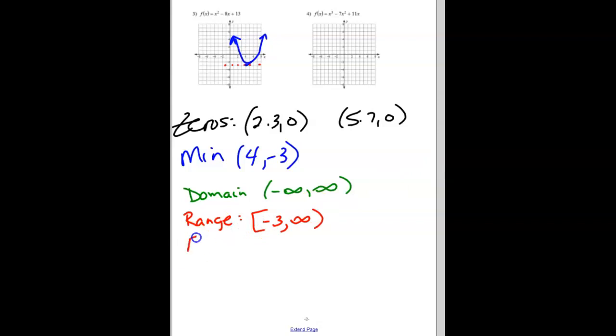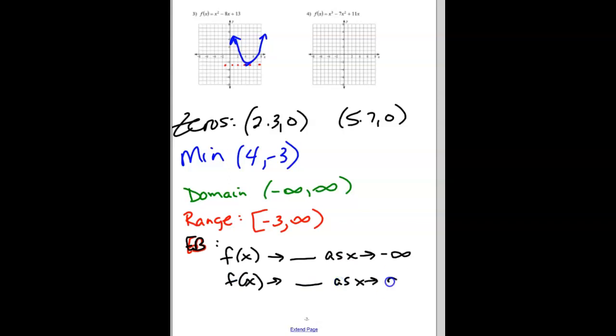End behavior, everyone's favorite. Oops, I should use a different color. That'd be confusing. Nothing confusing about this, right? So end behavior is that lovely template that we have to keep writing down. And the template is just asking us to investigate what happens on the very far left side and the very far right side. So if you can memorize the template, awesome. If you know what it means, that's what you need to do.